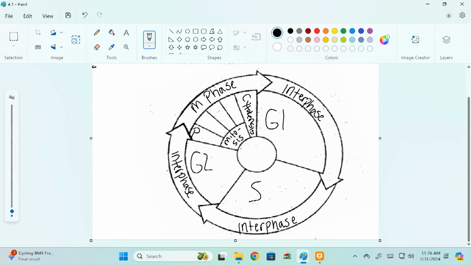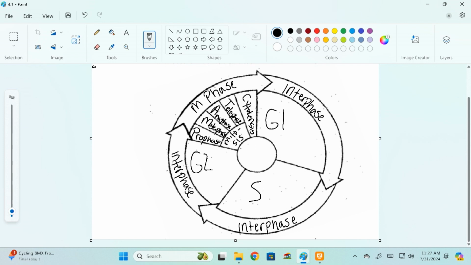I'll go ahead and write that here first, PMAT, okay? And what do those letters stand for? Well, they stand for the different phases. So it's prophase, metaphase, anaphase, and then telophase.